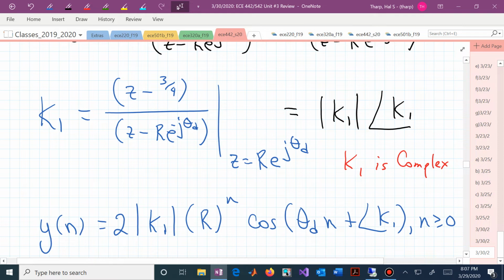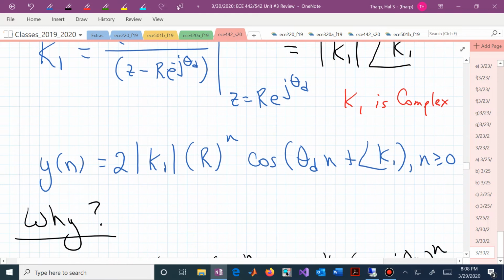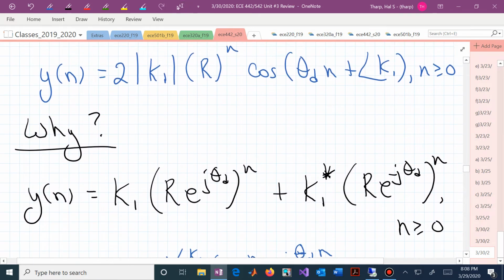Theta sub d was the angle that the pole in the first quadrant made with the positive real axis, plus the angle of K1. If K1's angle had happened to be negative, then it would be cosine theta sub d n minus that angle, let's say 10 degrees, n greater than or equal to 0. Why is that true?